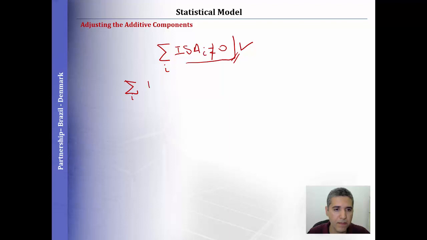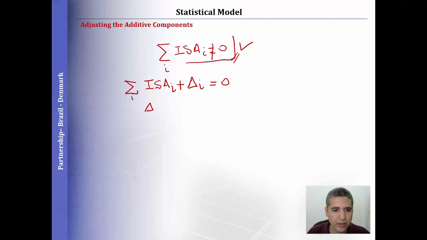let's sum a delta value in each index, and then we will obtain 0.